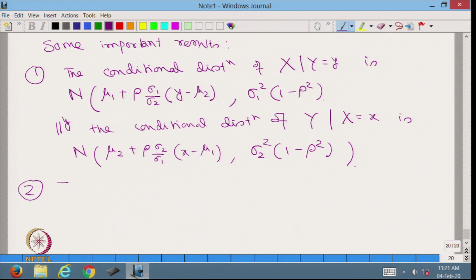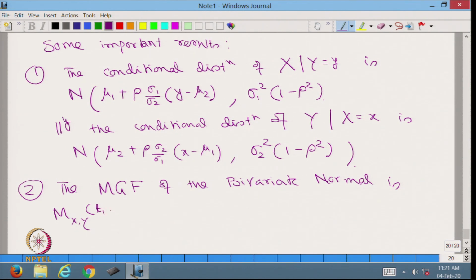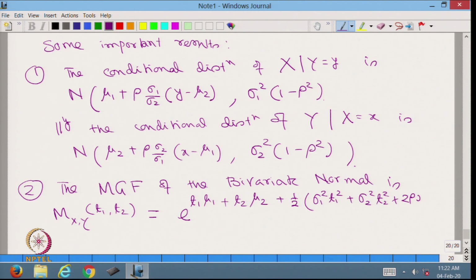The second result is the moment generating function of the bivariate normal, m x y t 1 t 2, is equal to e to the power t 1 mu 1 plus t 2 mu 2 plus half into sigma 1 square t 1 square plus sigma 2 square t 2 square plus 2 rho sigma 1 sigma 2 t 1 t 2.